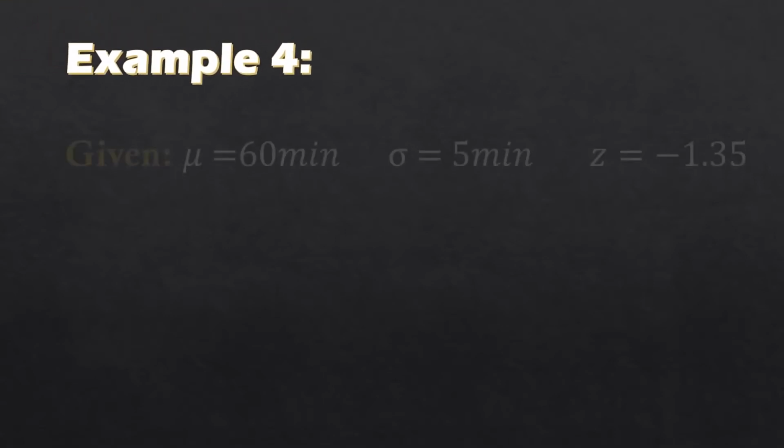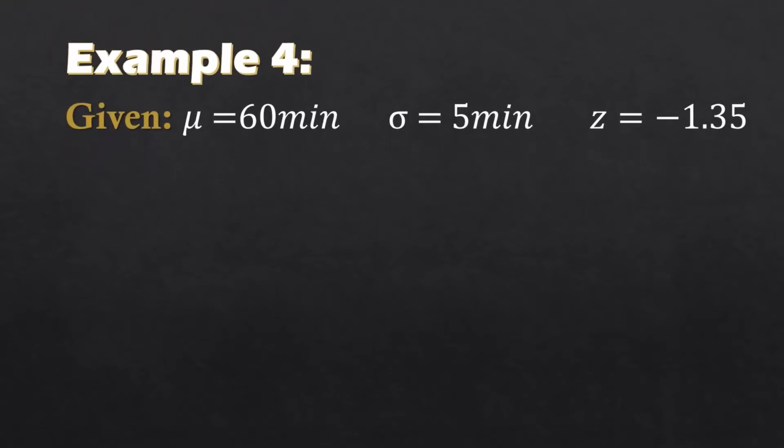So let's find out. Again, here are the given. Mu is equal to 60 minutes. Standard deviation, 5 minutes. Z is equal to negative 1.35. So we are going to find again the time it takes for the cell to divide in mitosis.